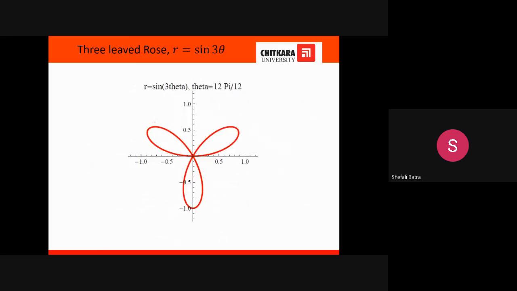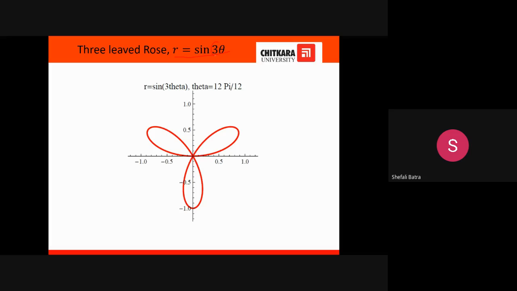Okay. After this folium of Descartes, 3-leaved rose. R is equal to sine 3 theta. So this is the shape for r is equal to sine 3 theta. Again, you can make it by putting the value of theta, and whatever value you are getting, you can display it on that line. This is r is equal to sine 3 theta.